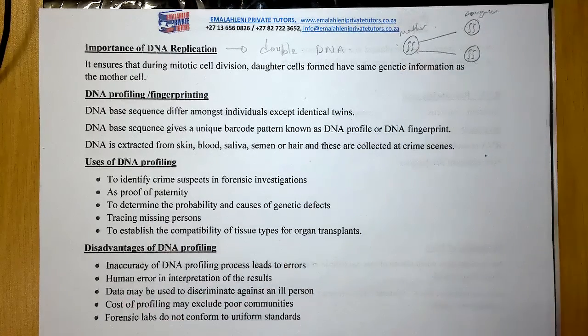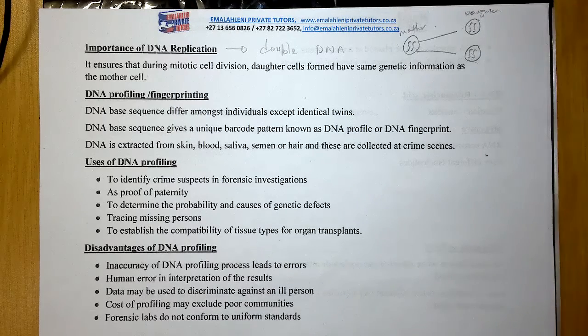Okay, so I think this is clear to you. But now we see that the sequence of your bases is actually unique from one individual to the next. So this provides what we call DNA profiling. That's why, when you are a suspect, they take your fingerprints, or when you're getting an ID, you need to give your fingerprints, because it's unique to each individual, except identical twins.